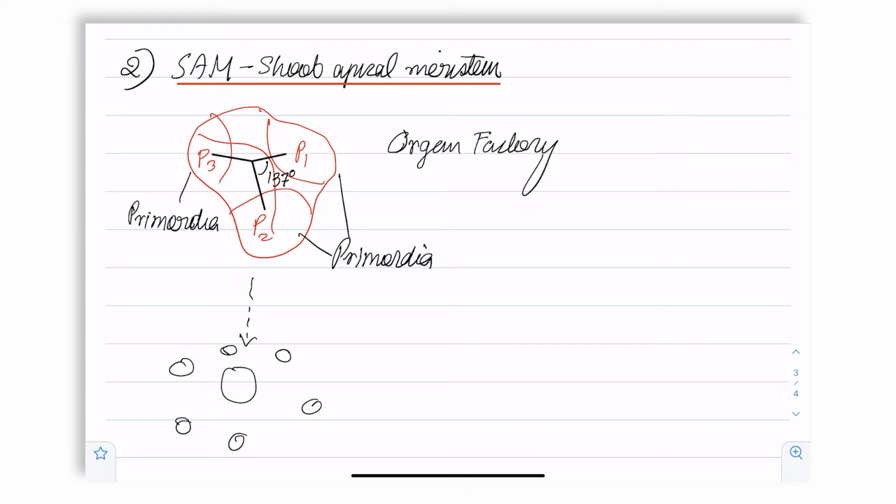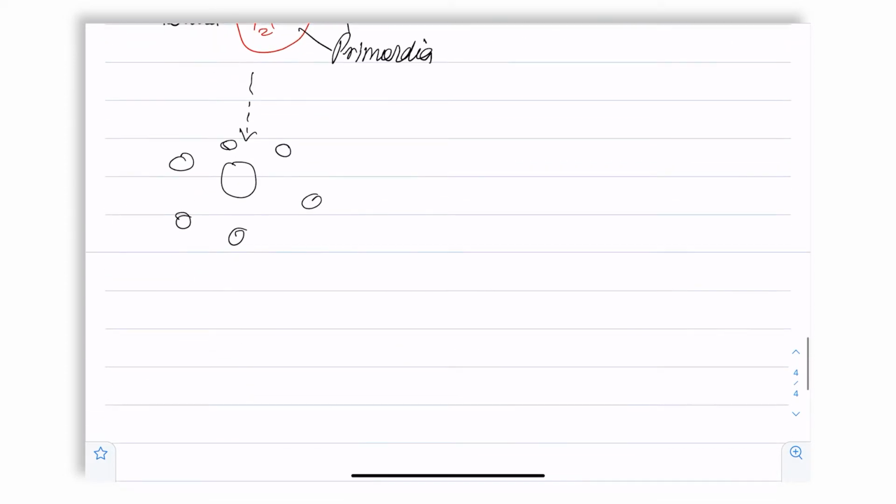In fact, according to a paper by Fujita and company, plus one, you can find it online, this process of breakup of the shoot apical meristem can be thought of as a reaction diffusion system.